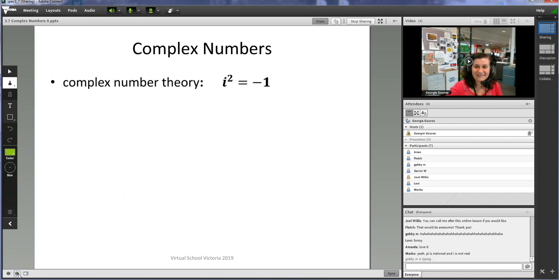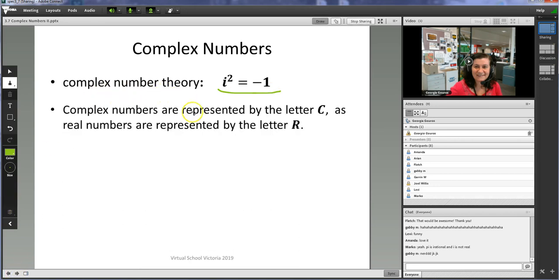Okay, so we're going to just review a few bits and pieces before we talk about De Moivre's theorem. Chiefly, the main fact that we need to keep in our mind is that every time we see an i squared, we need to simplify it to -1. And there's a few other things we need to revise.